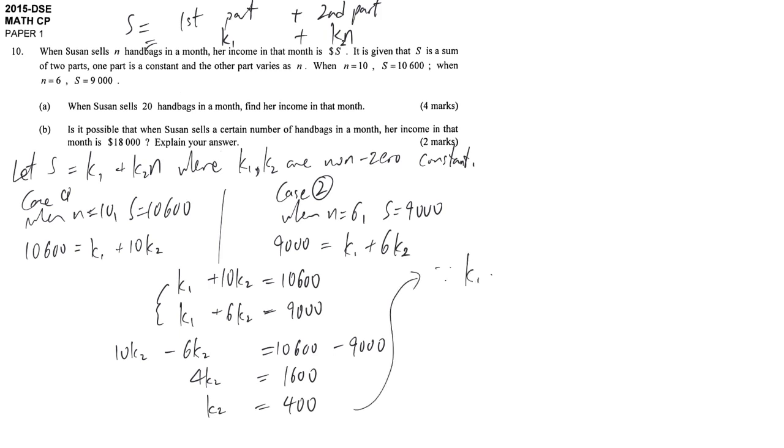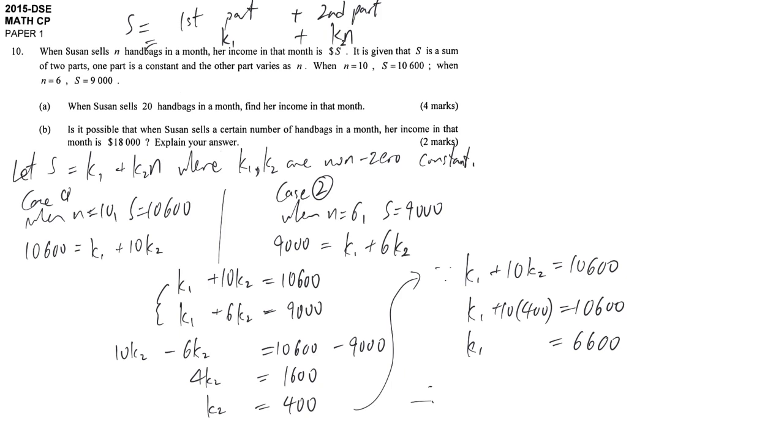Since k1 plus 10k2 is equal to 10,600, you may use another equation as you like. So k1 plus 10 times 400, then we get k1 is 6,600.